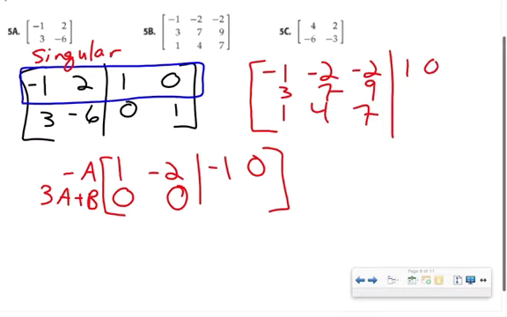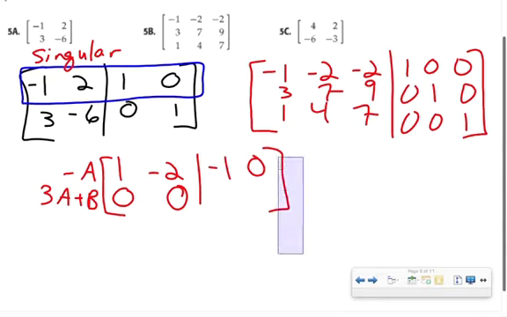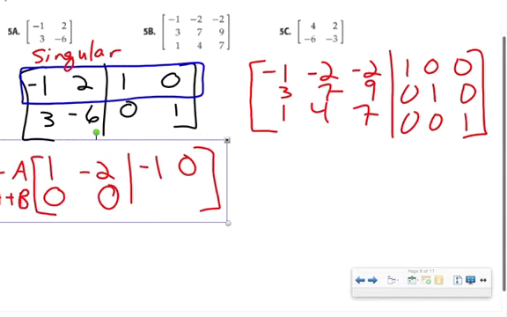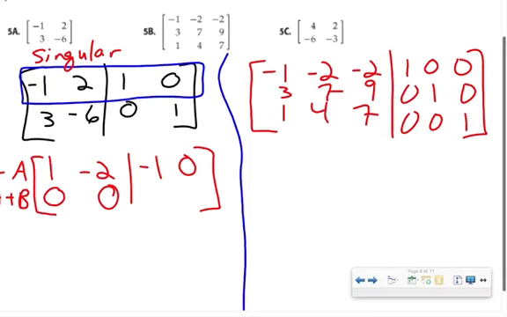So that's 1, 0, 0, 0, 1, 0, and 0, 0, 1. And then what I'm aiming to do is get the left side of the matrix to look like what the right side looks like now.